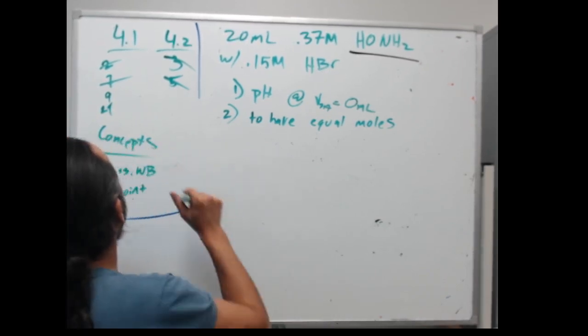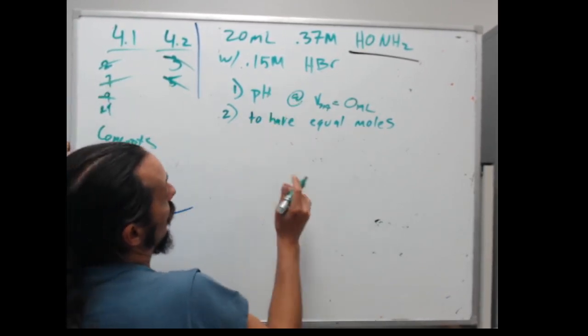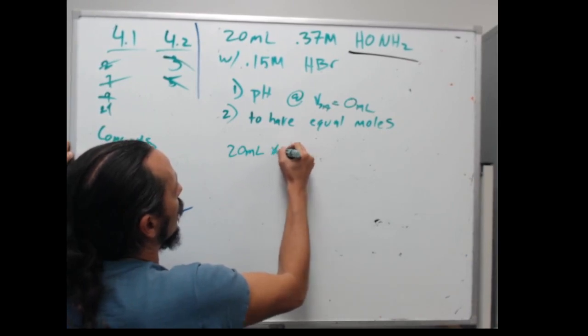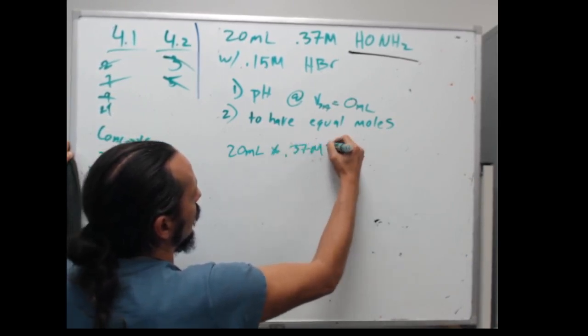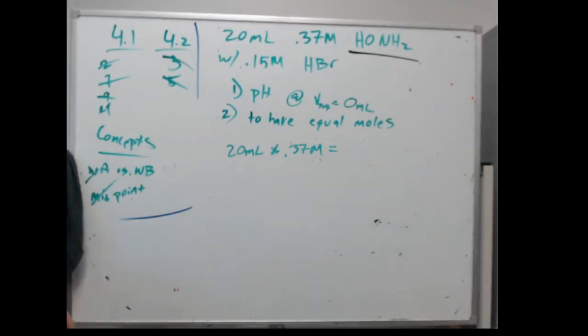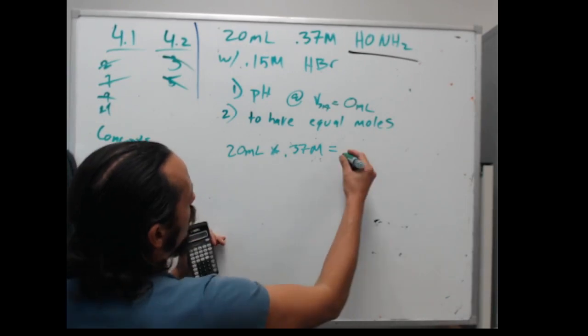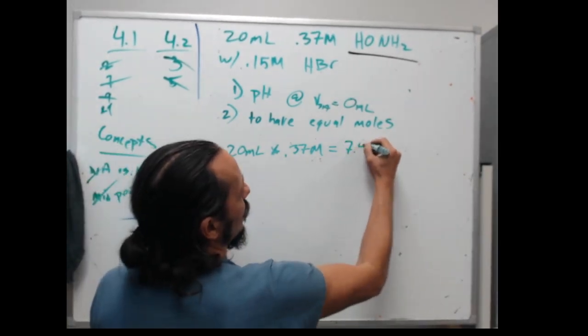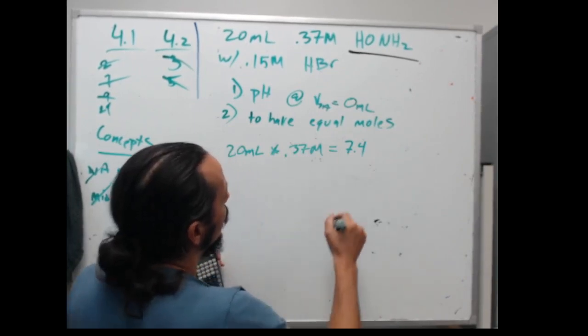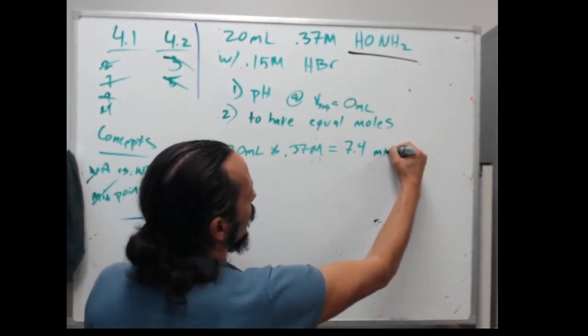So we go ahead and we say, okay, how many moles do I have to start with? I'm going to have 20 milliliters times 0.37 molarity. That's going to get me my number of millimoles. 20 times 0.37 is 7.4. I could have gotten that, right? 21 times a third should have been about 7. So 7.4 millimoles.